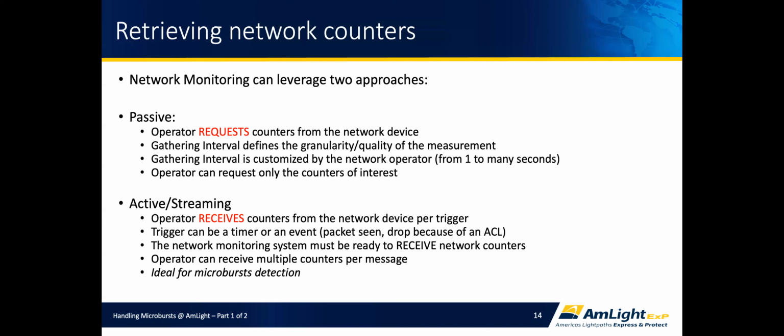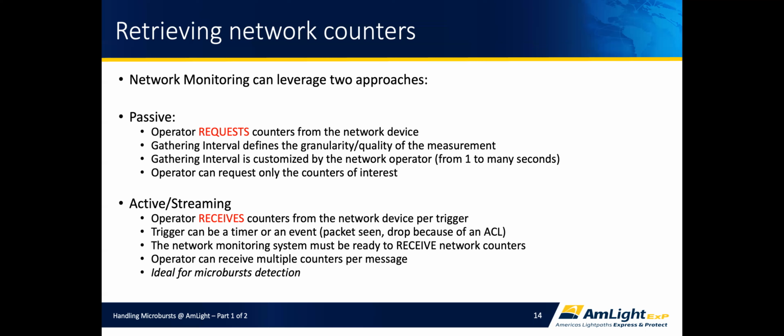And then you have the active, or streaming, approach, where you configure the device to send you the counters every time there's a trigger or an event of interest. So you get a packet with a report that includes everything that you asked for. There's a complicated data model where you have a lot of information, a lot of counters, and your system has to be prepared to receive that.